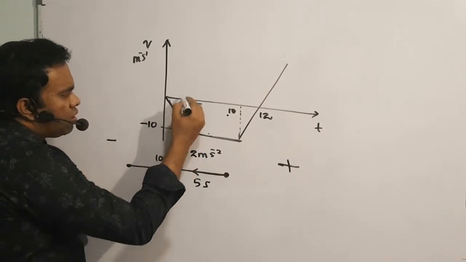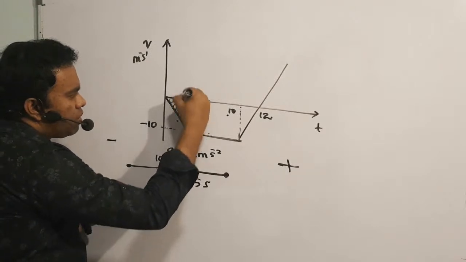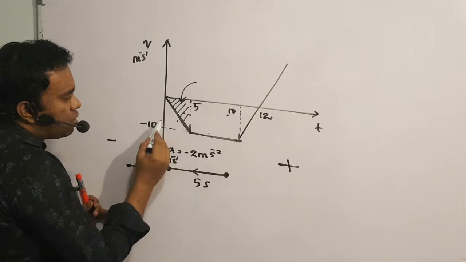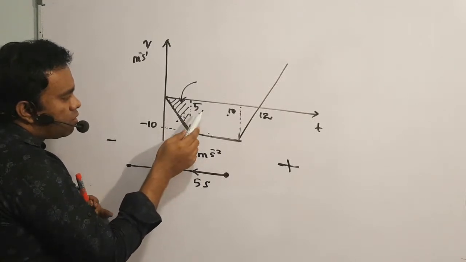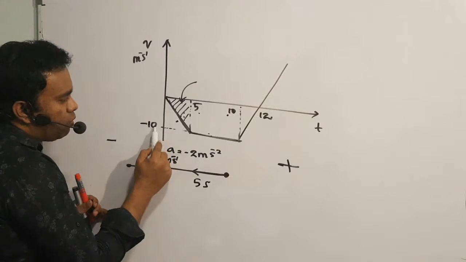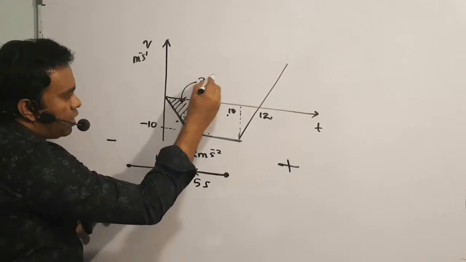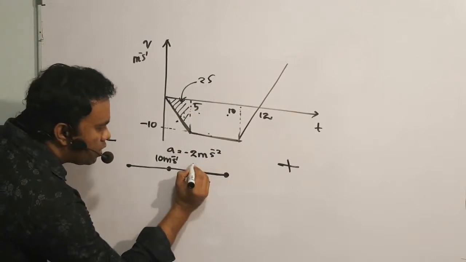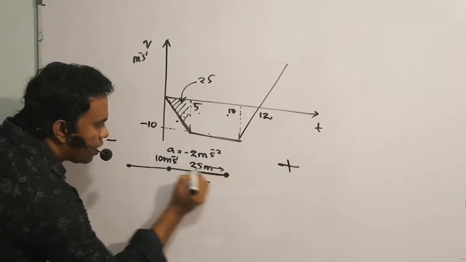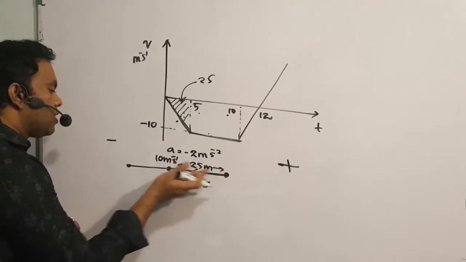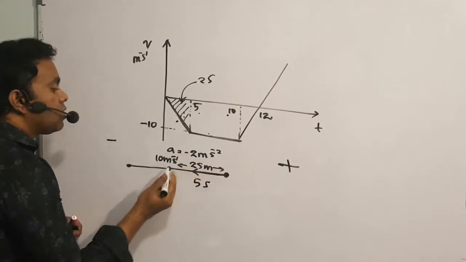If you want to calculate the displacement, you can find the area under the graph. That's half into base into perpendicular height. Half times 5 times 5 is 25. So in the initial 5 seconds, the displacement is 25 meters. Within 5 seconds, it has displaced 25 meters.